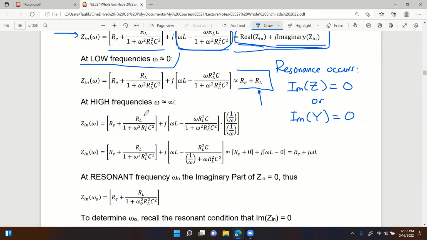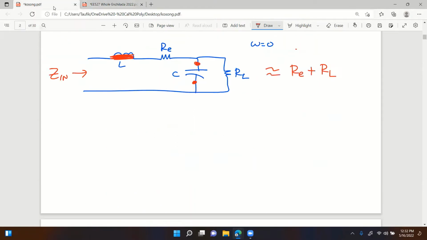At high frequencies, represented by omega equals infinity, once you plug omega equals infinity into the input impedance equation up here again, you get approximately RE plus j omega L. Let's see if that makes sense.